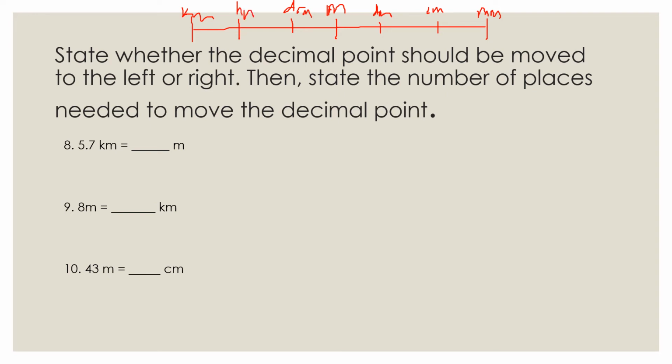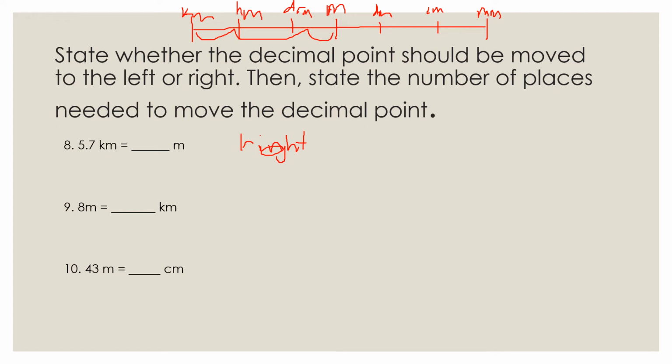Okay. So from we need to move to the right, right? So from kilometer 1, 2, 3. Okay, 3. So move to the right. So the answer is move to the right. RIGHT. Okay, and then state the number of places.